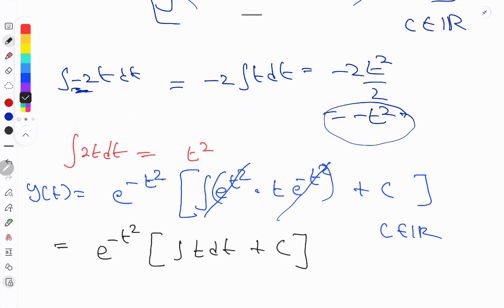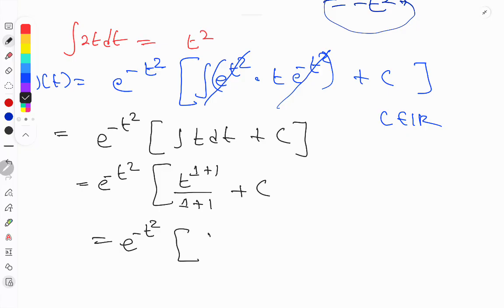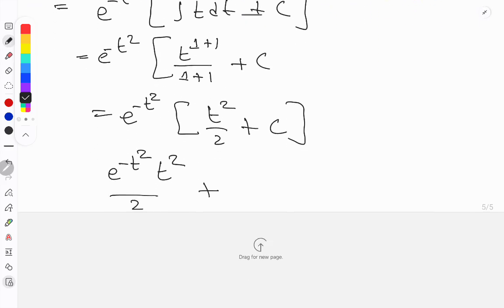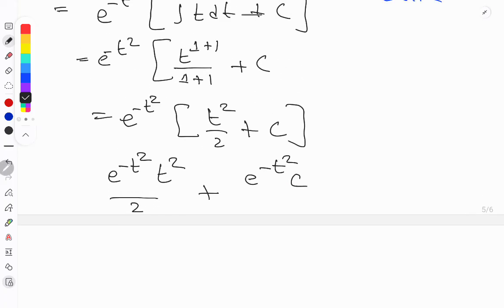So again, the integral of t dt is t square upon 2. So actually this is the answer, you don't need to go any further.